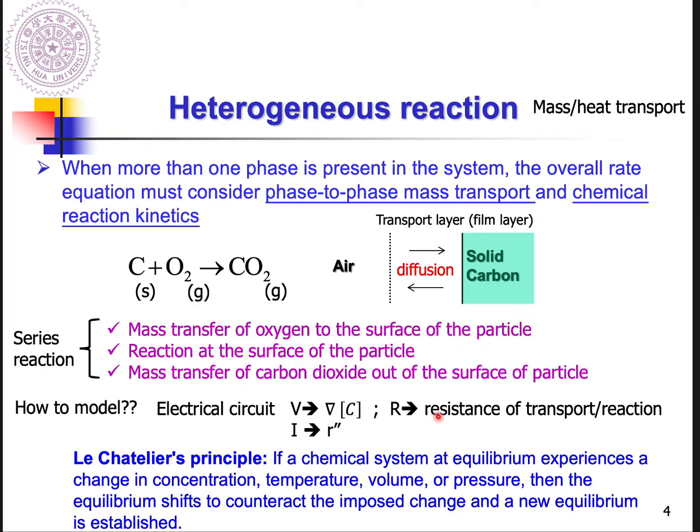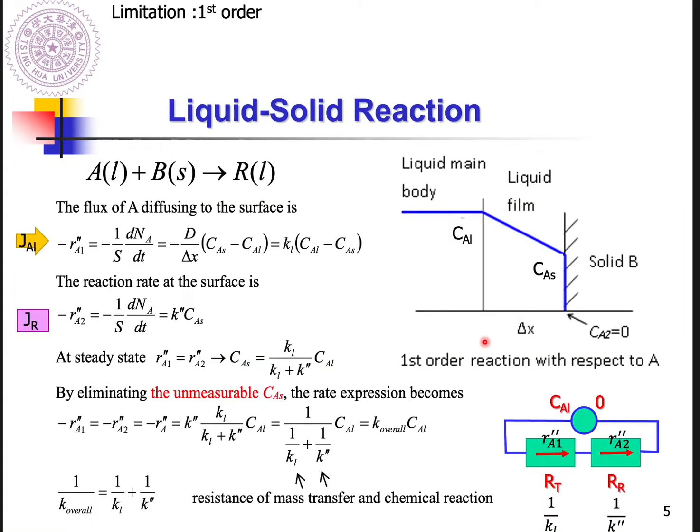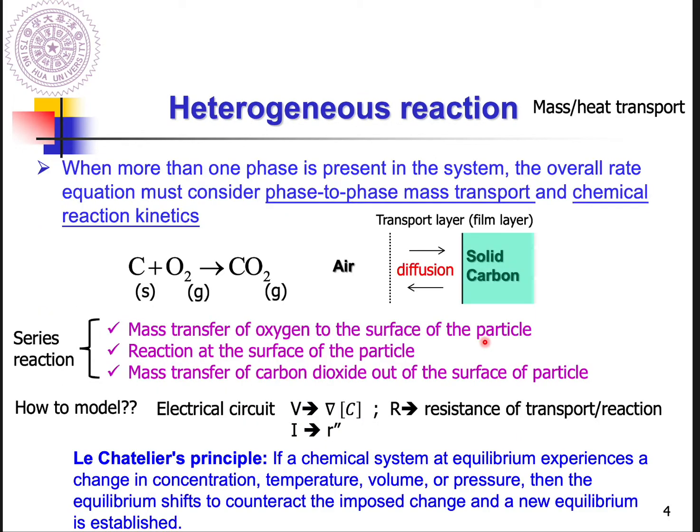So now we use the same idea to find the driving force and the flux passing through the different resistances. So this is how we model the overall heterogeneous chemical reactions. Let's give you a real example here, just so you can have a picture, okay?